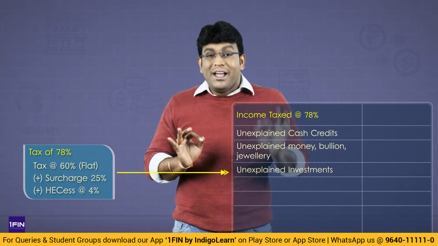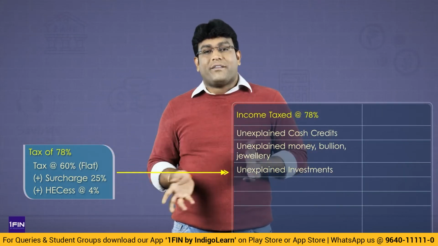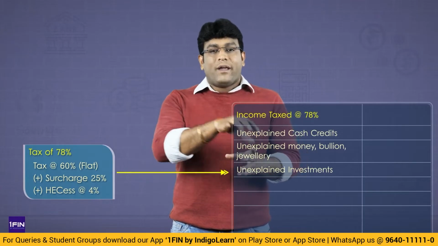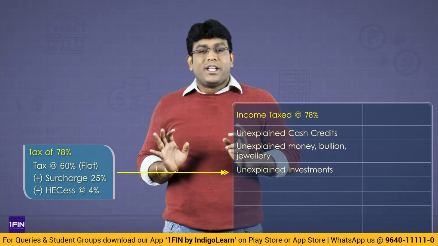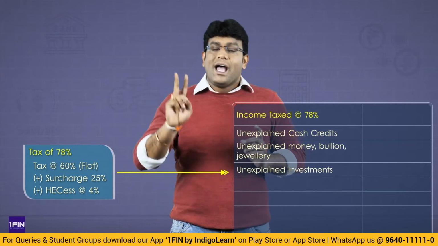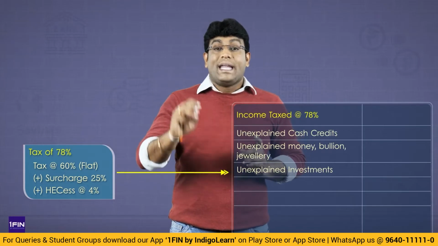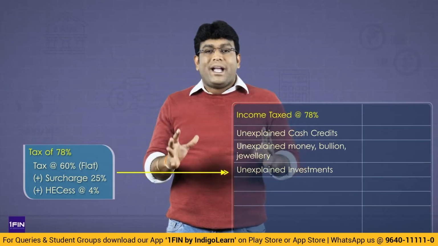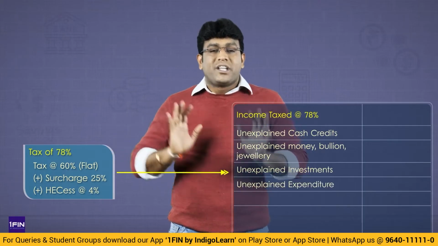You're getting my point? It is not so easy to just escape income tax and do whatever you want. One fine day, by one transaction or the other, income tax will catch hold. So the first point is what? Unexplained cash credit, unexplained money, bullion and gold. Next, unexplained investments. Next, unexplained expenditures.